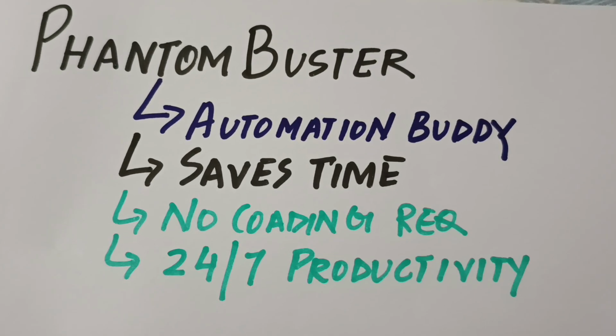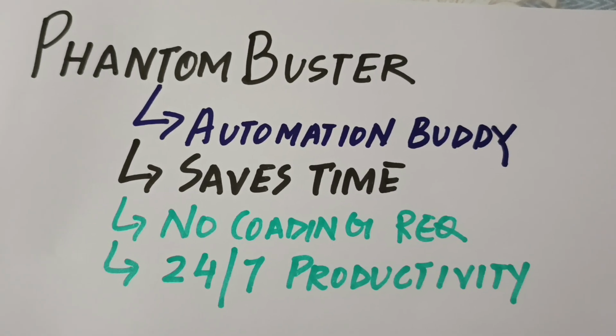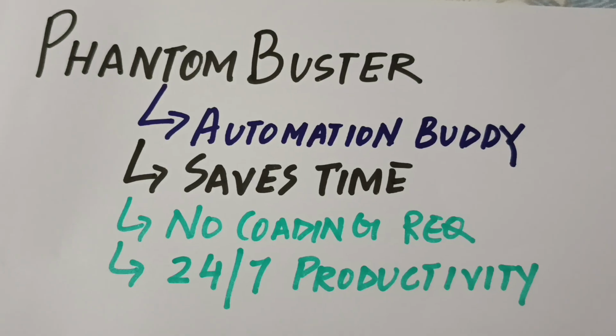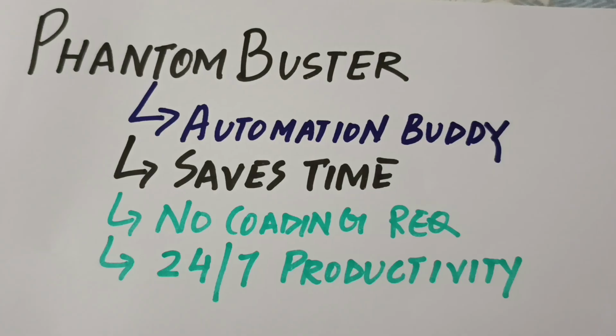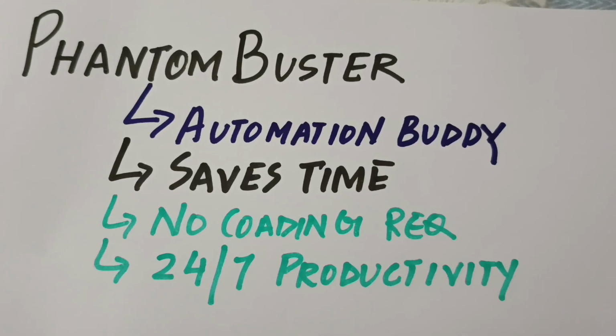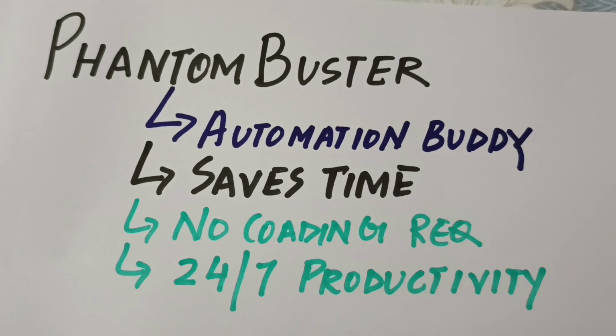And of course it can save a lot of time for you, so you could spend the time doing strategic things and focusing on the most important and valuable tasks. Okay, so that's what Phantom Buster is.